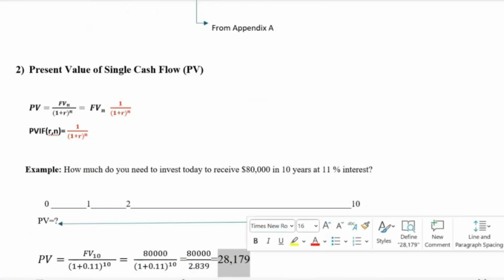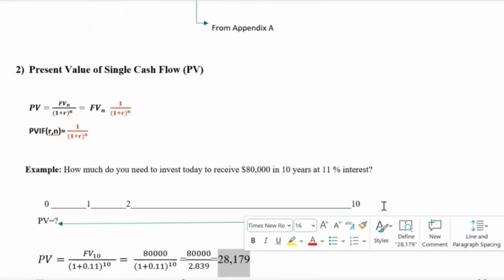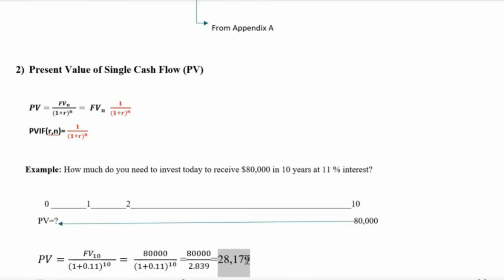If you deposit this amount in your bank, assuming you can earn 11%, after 10 years it will grow to 80,000. So we see this is the present value of 80,000 in 10 years. The two have equal value.